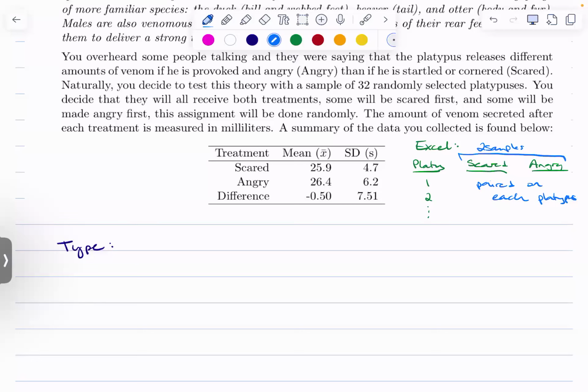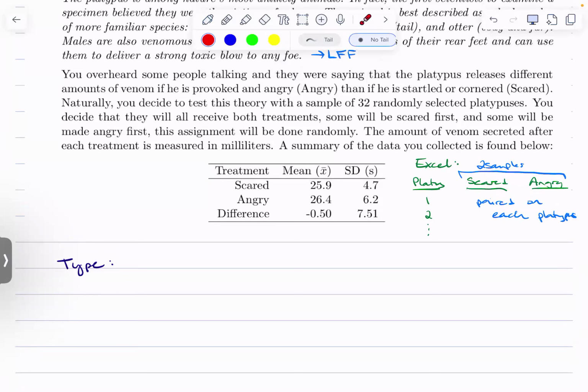I did way more research than I should have to make this platypus test, but not enough to know if maybe there's a difference in different platypuses. Maybe some just excrete a lot of venom and some just don't, right? But that doesn't matter to us, because if we treat it as a paired sample, then we're able to capture that, right? And so that's the reason that we treat it as a paired sample.